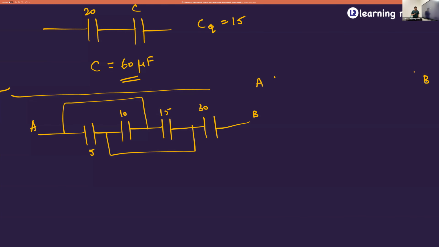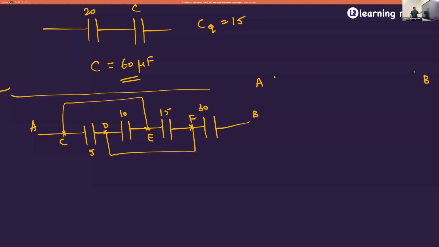Okay. Now, if I take this to be C, D, E, and F. Yesterday I told you one point. Whenever there are 2 points which are connected with the help of a wire, they both are at the same potential. Meaning A and C are at the same potential.